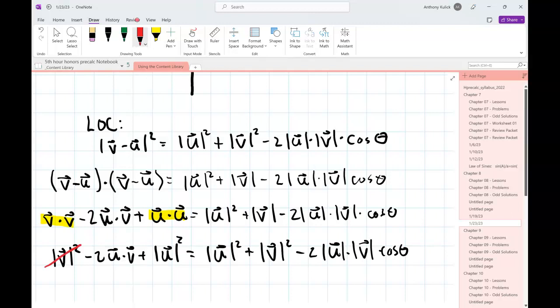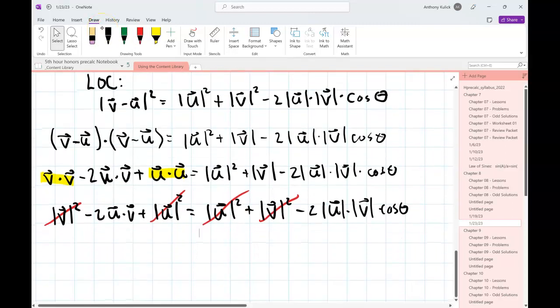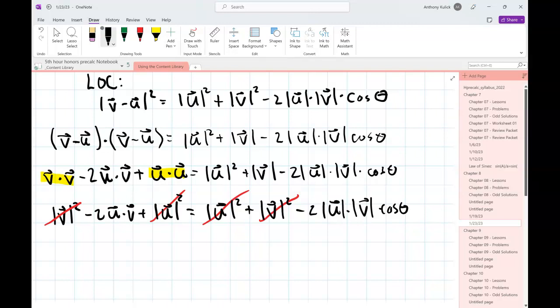And if I subtract the magnitude of v squared from both sides and the magnitude of u squared from both sides, I have that. And we'll divide both sides by -2 times magnitude u times magnitude v.